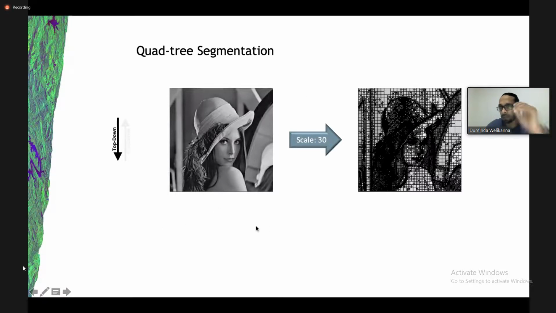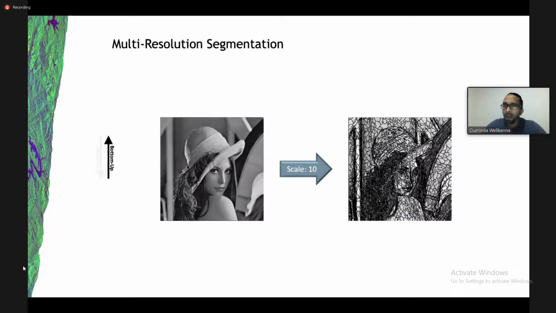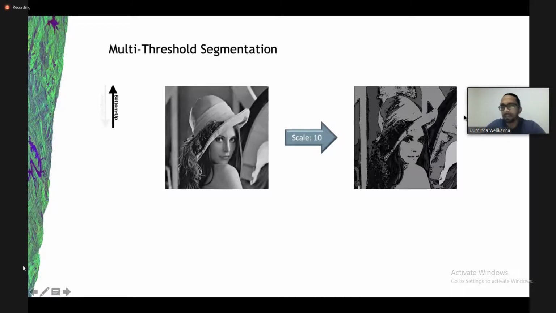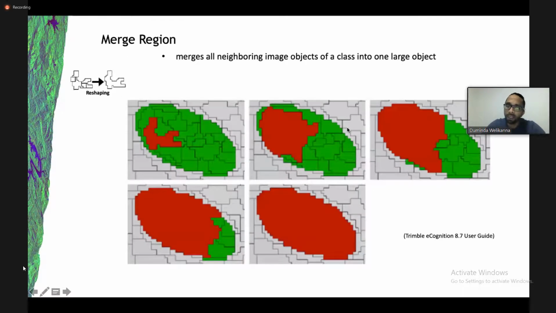But remember, I'm showing here a very, very nice image, but satellite images are not like this, okay? Multi-resolution segmentation, you can see all are polygons. And also multi-threshold segmentation, each area is thresholded by pixels and you can get different information.